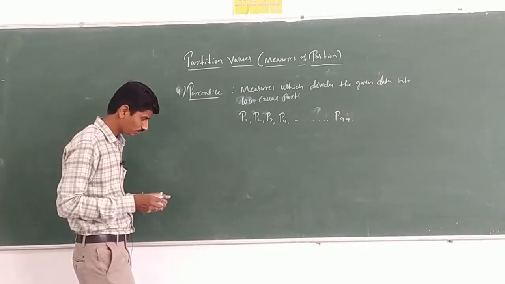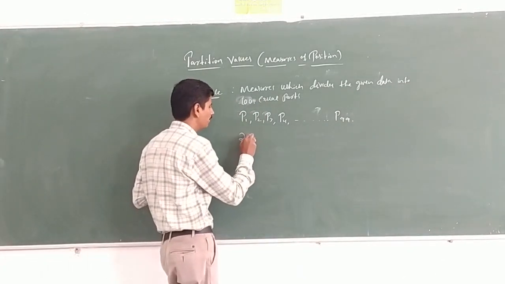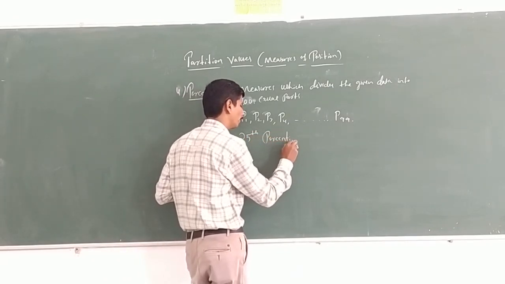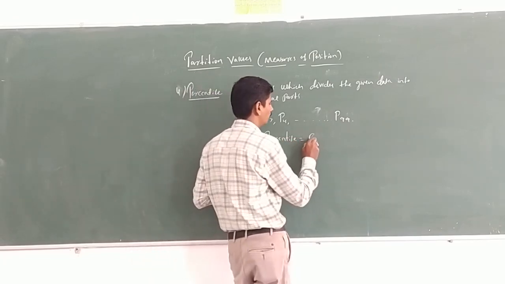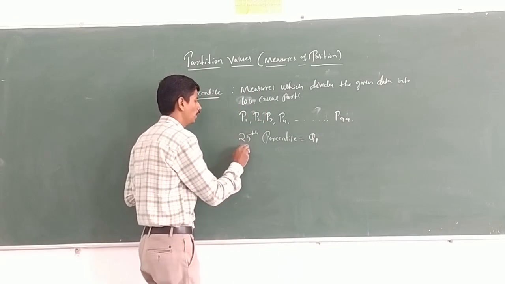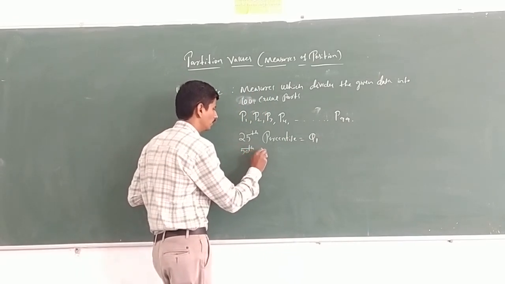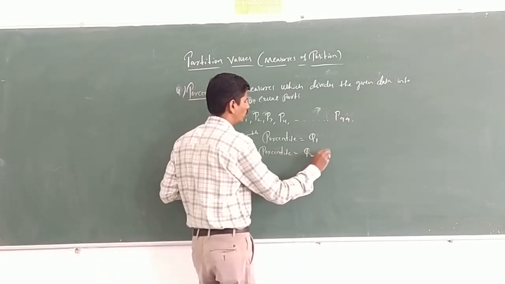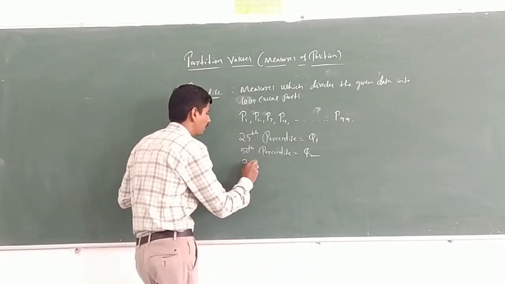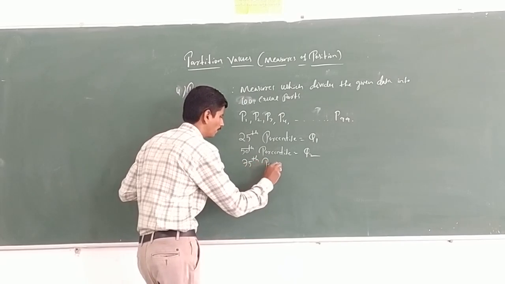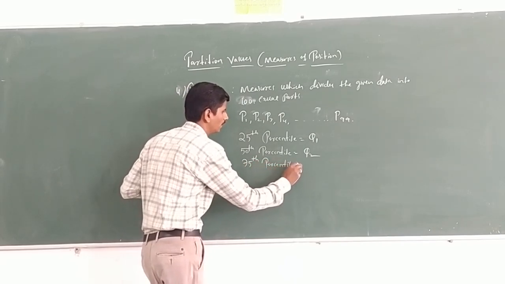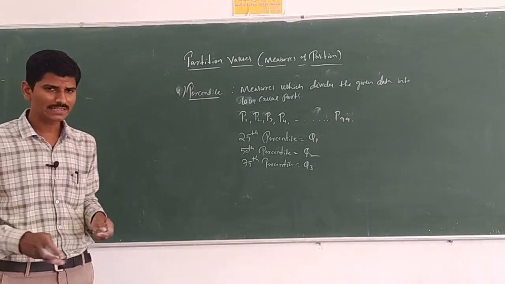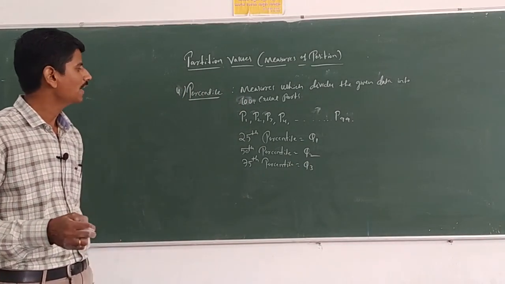Here the 25th percentile is the same as Q1, the first quartile. The 50th percentile is the same as Q2, and the 75th percentile is the same as Q3.